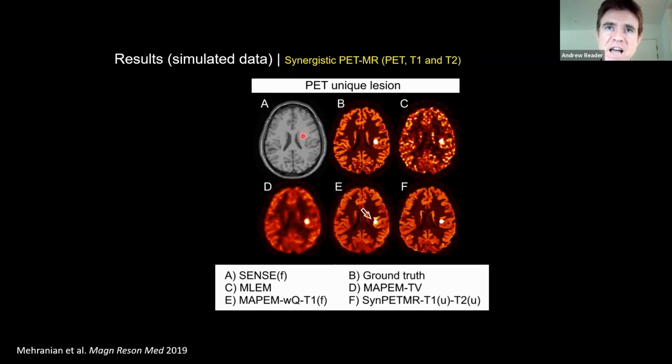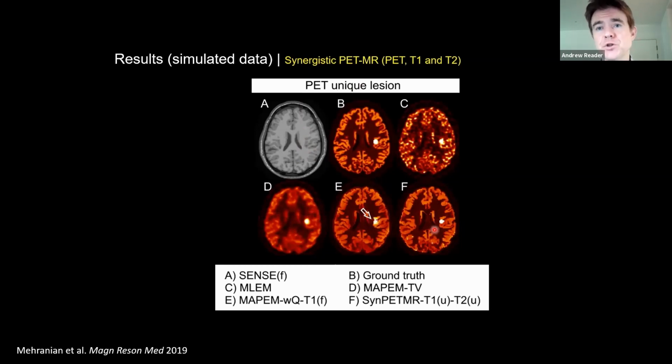But because that lesion is absent from the T1 weighted MR, the T1 weighted MR says, yeah, go ahead and smooth in that region there, no problem at all. And if you come over here, then what's happened is that the PET unique region has now adopted MR structure and is clearly very distorted.